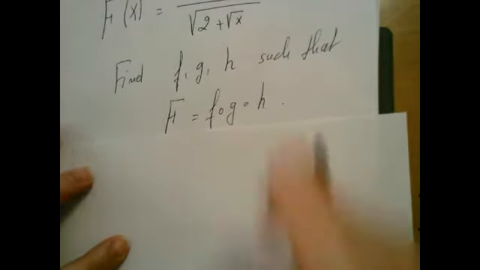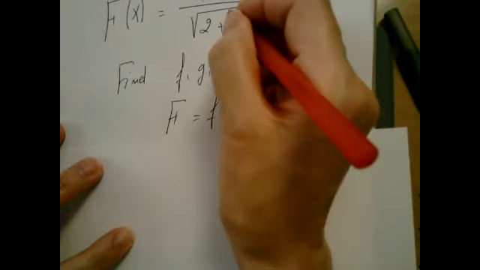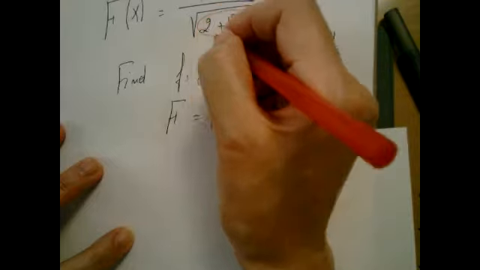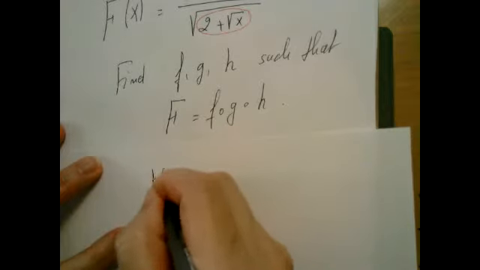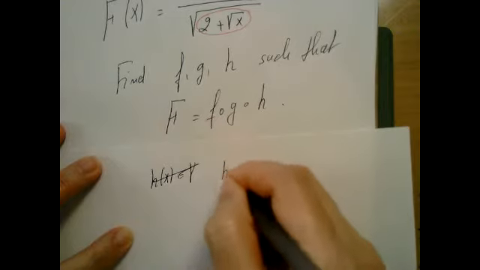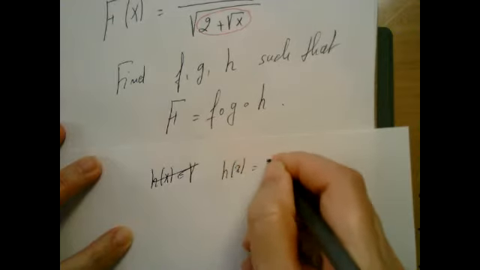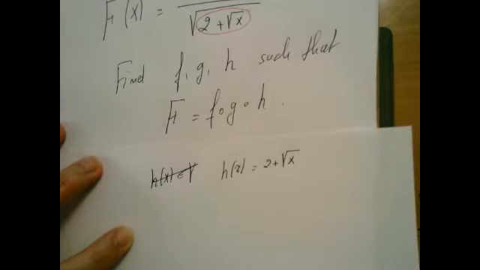Okay, so first, if I'm doing this in my head, one possibility, I first can compute this quantity. So I take my h to be 2 plus the square root of x. I compute that.